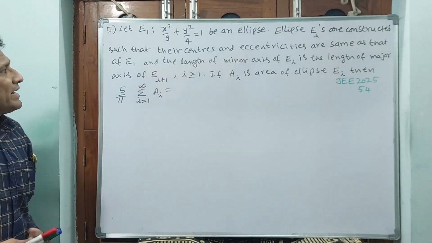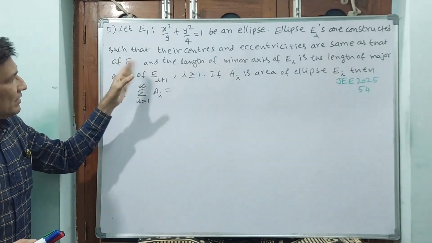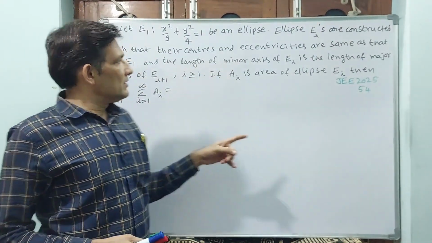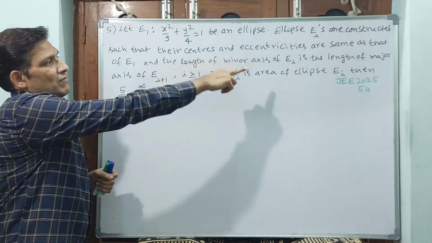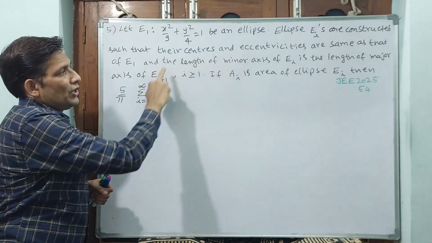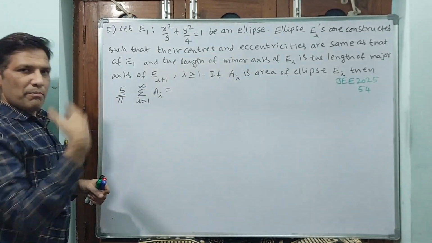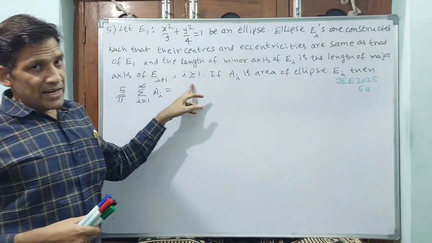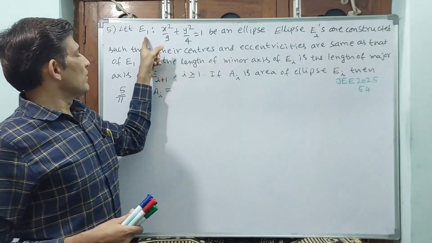The length of the minor axis of Ei is the length of the major axis of Ei plus 1, that means E1, E2, E2, E3, E3, E4. Here i is always greater than or equal to 1. We start from E1, which is already given.